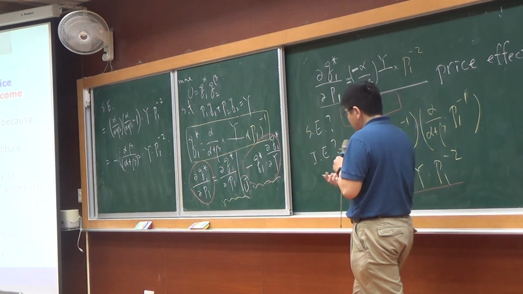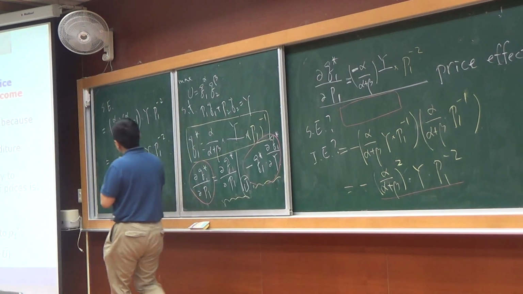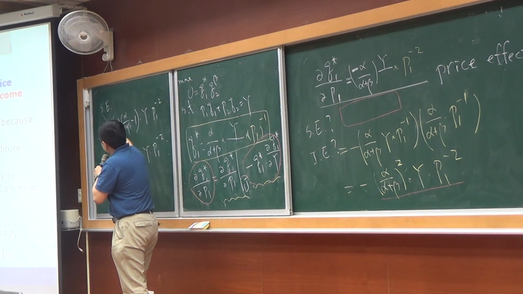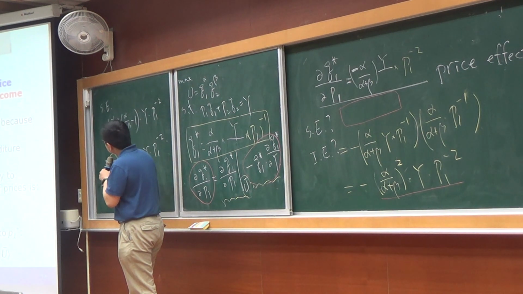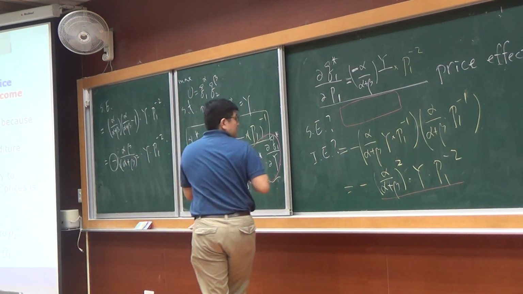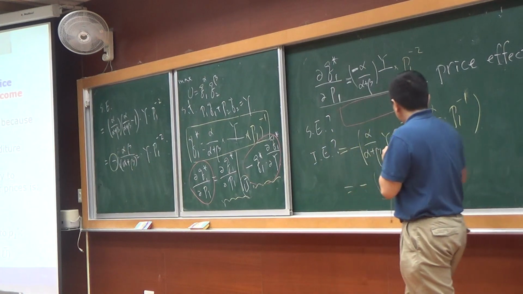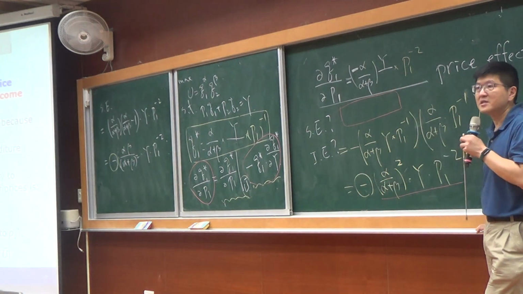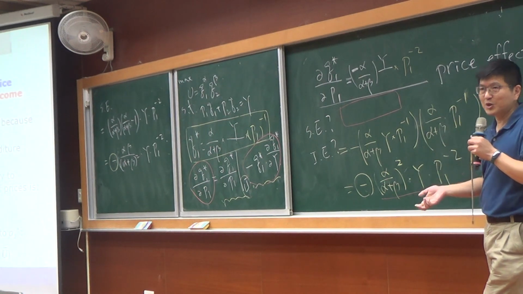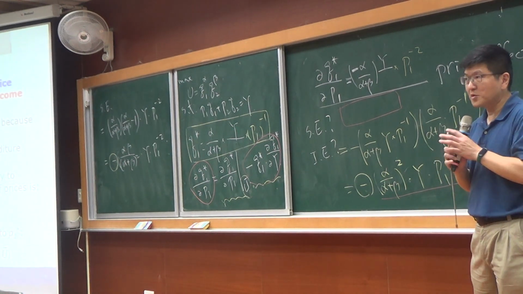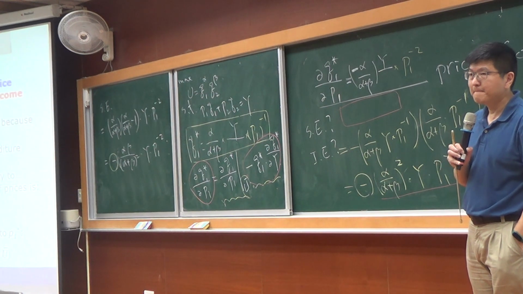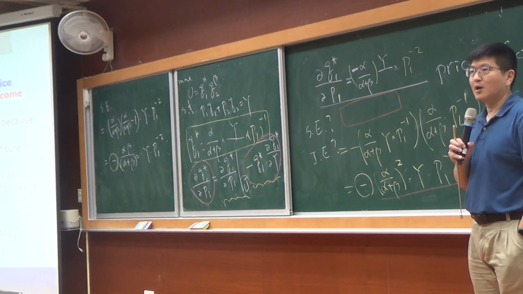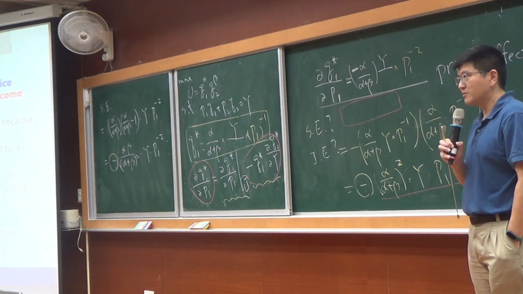And now you see a negative sign here, which means the pure substitution effect is always negative. And for the income effect, there is a negative sign here, which means for a normal good, the income effect is also negative, right?